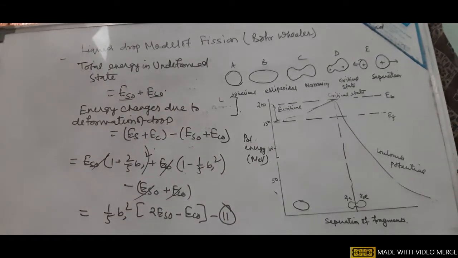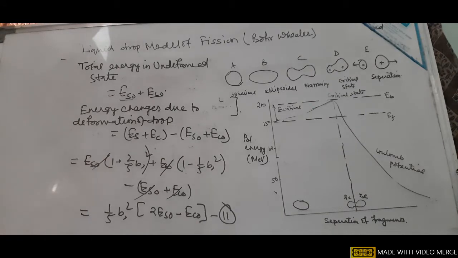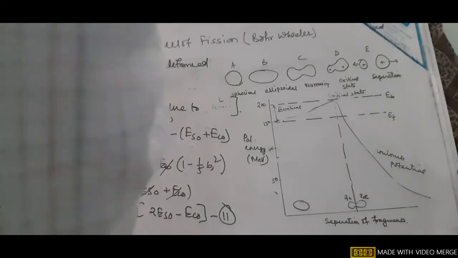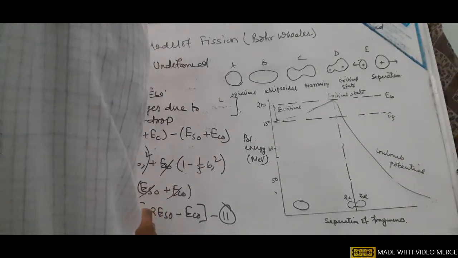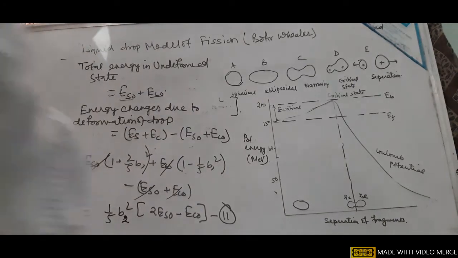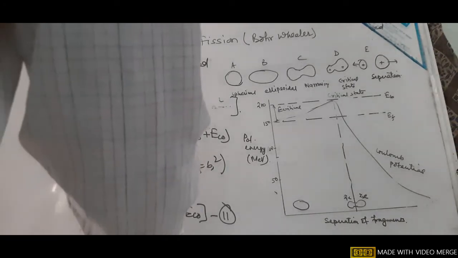So this is the energy change due to deformation of the drop: the deformation energy due to surface and Coulomb energy minus the undeformed energy due to surface and Coulomb. So now we have this expression, 1 by 5 B2 square times twice ES0 minus EC0.